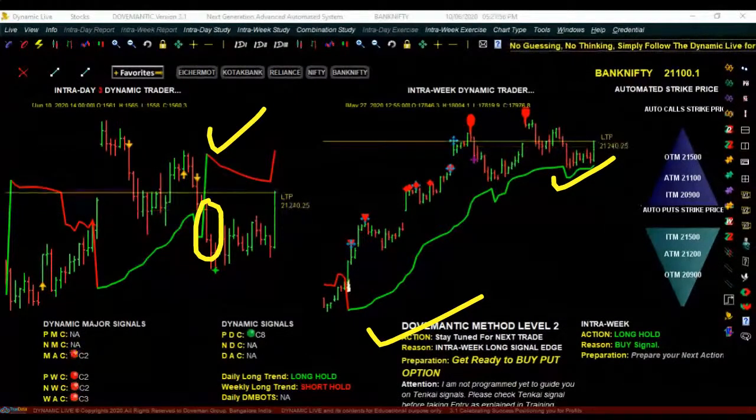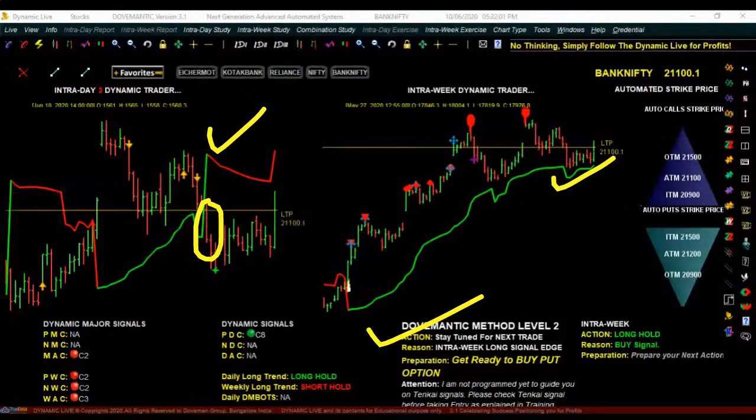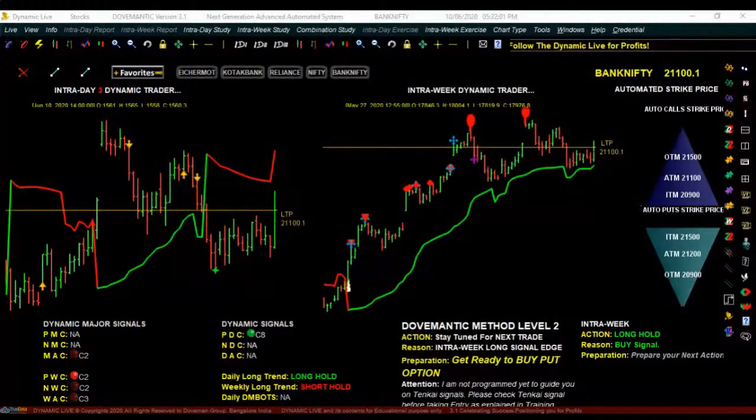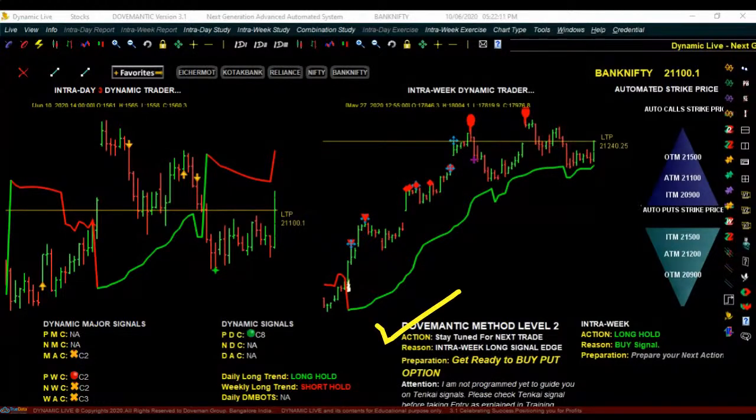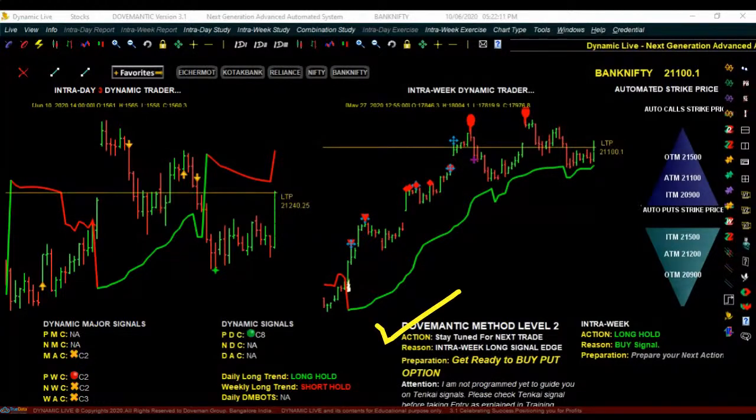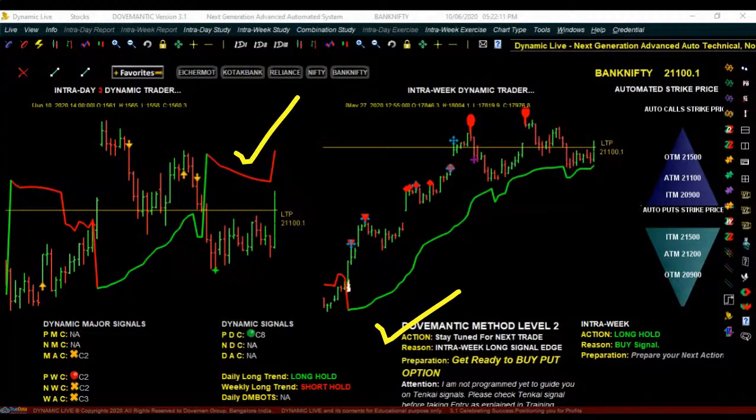Very easy to follow. Let me put it in a very organized way. Whenever the action tells you to buy a call option or to buy a put option, check intraday 3 long, check intra-week long, and check the dynamic system level 2 trading method. If all three are supporting, then simply do the trade. Nothing to worry.